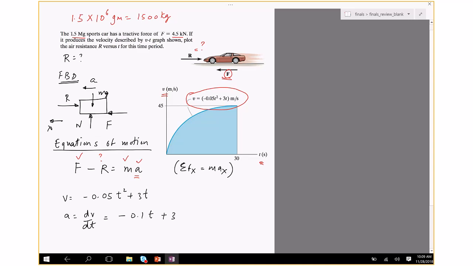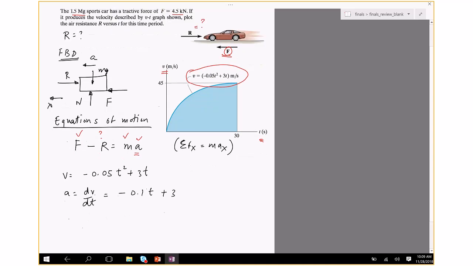So F, which is 4.5 times 10 raised to 3, minus R equals the mass, 1500 kilograms, times minus 0.1t plus 3.